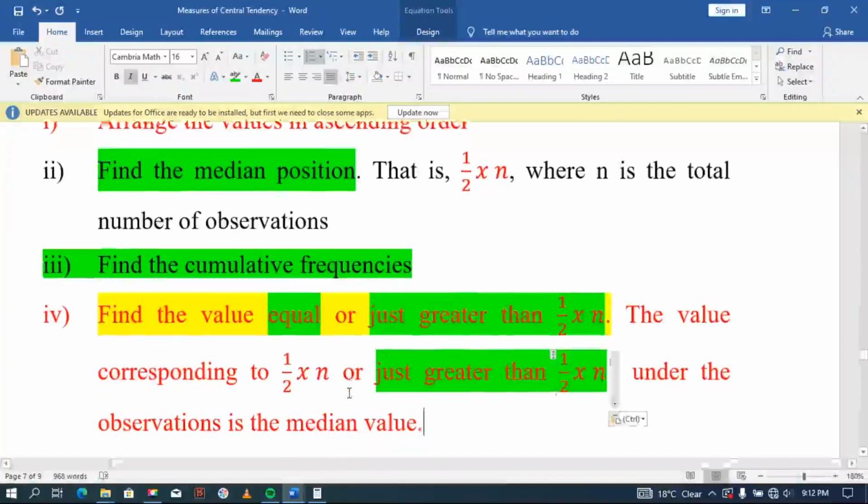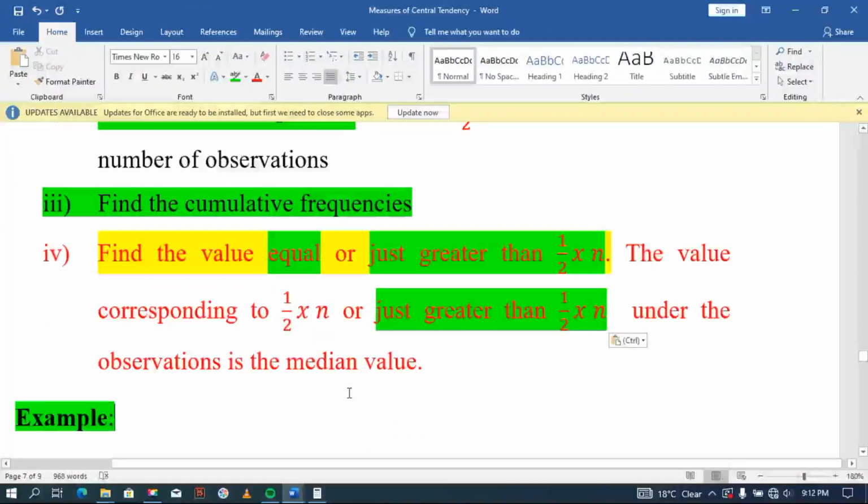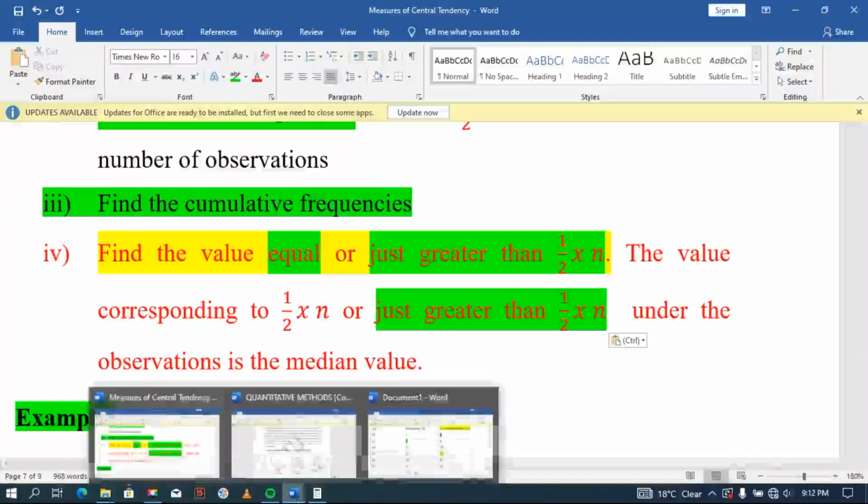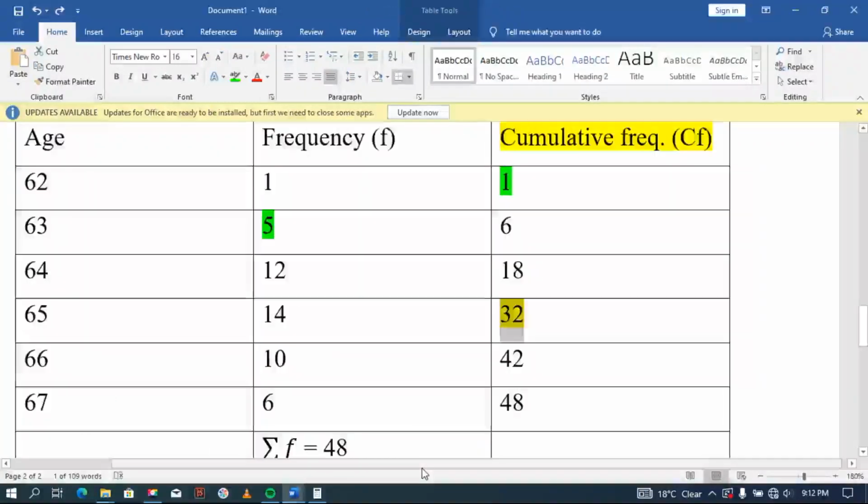Now we go back to our cumulative frequency column. Now that we found the just greater value, that is 32, the corresponding edge is the median value. In this case the corresponding edge is 65. So the median edge is 65.